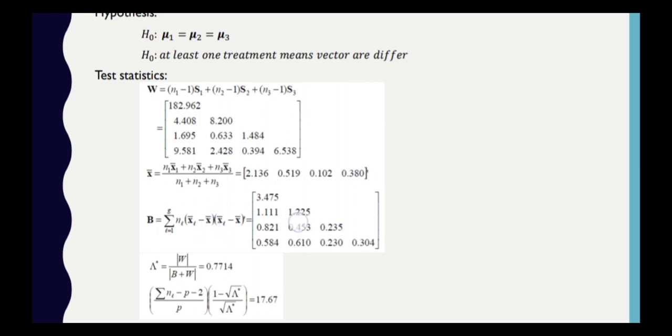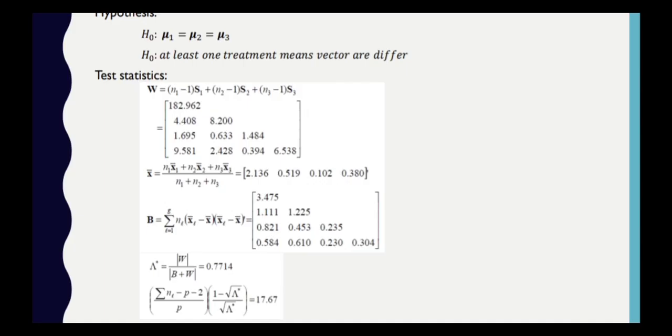Lastly you will get this matrix. Okay, try doing it later. And then you have all the values, all the matrices, so you can find the determinant of W and B plus W to find the Wilks' lambda. Okay, and then here we use this test statistic. Why? If we can see here, our p is 4, our population is 3.